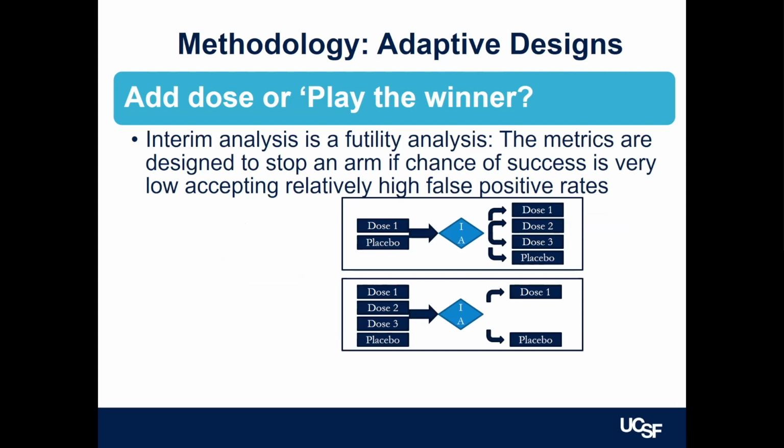And if that dose is not doing as well as you would hope or hypothesize, you add other doses. That prevents you from doing the whole study with, say, 3 doses. And also you have some idea about how to power that last half, which we'll come back to. You can also decide to stop at that point.